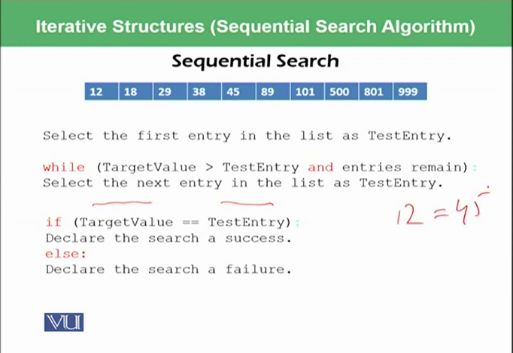If it is not equal, then we will fetch the next, 18, in place of 12. Then we will check whether 18 is equal to 45 or not, and if that is found, we will say that we have a success, else we will declare the search a failure.